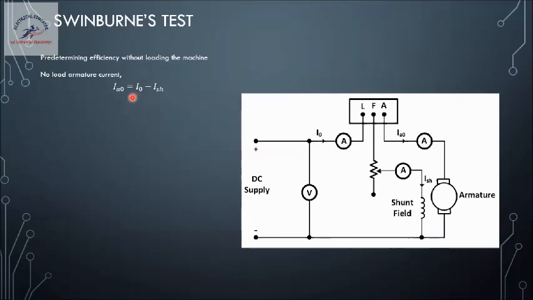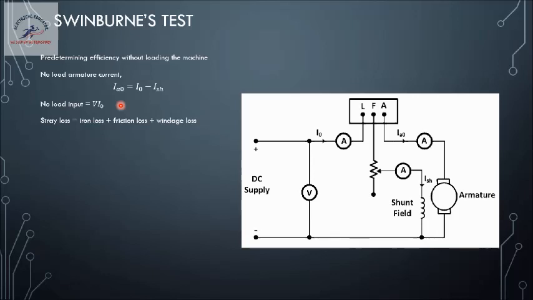From this, IA naught is I naught minus ISH. The no load input is given by the supply voltage V multiplied by I naught. This gives us the power drawn from the supply. So the input power at no load is V into I naught.